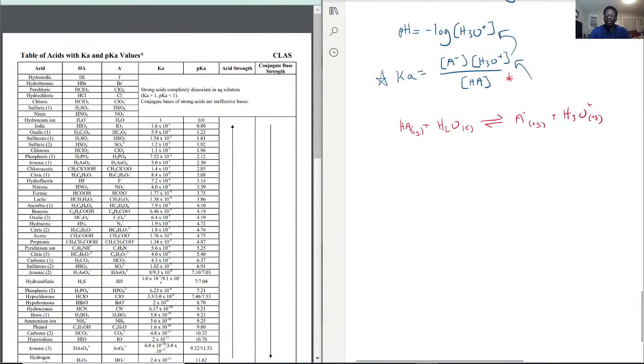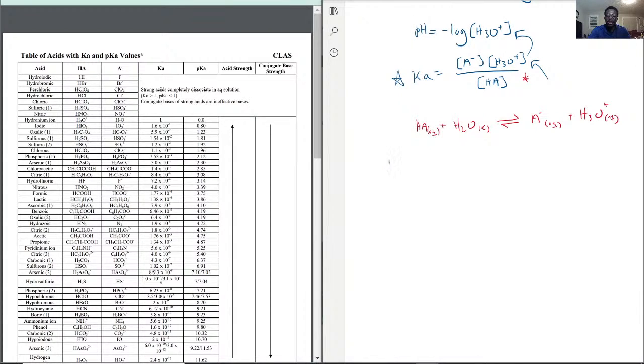This is what we use to get the Ka. So the ICE table will now make a lot more sense: initial, change, equilibrium. Whatever value we get for this HA, let's say we got a quantity Q, usually we start out with that value, and with everything else we just assume we start with 0. We don't bother with water, so I'm just going to draw a dash there. The change is reflected by the formula: whatever amount of moles or concentration you lose of HA, that's the same amount you gain of these, because it's all a 1-to-1 ratio.